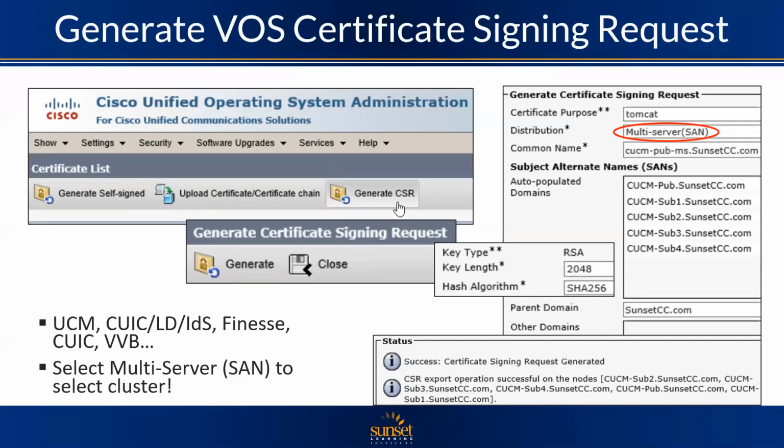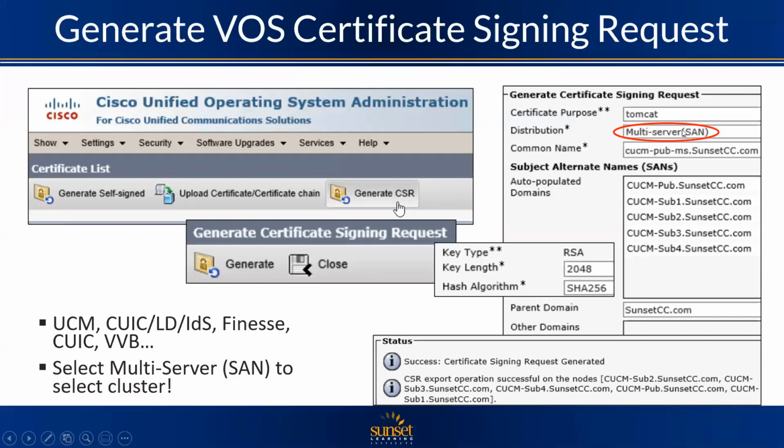If I generate a certificate signing request, I'm in any one of my voice operating systems. Let's call this Call Manager, which is where I'm at in this screenshot here. I'm going to generate a certificate signing request. And in the distribution field on the certificate itself, which I'm generating for Tomcat purposes here, one of the options is a multi-server or SAN certificate signing request.